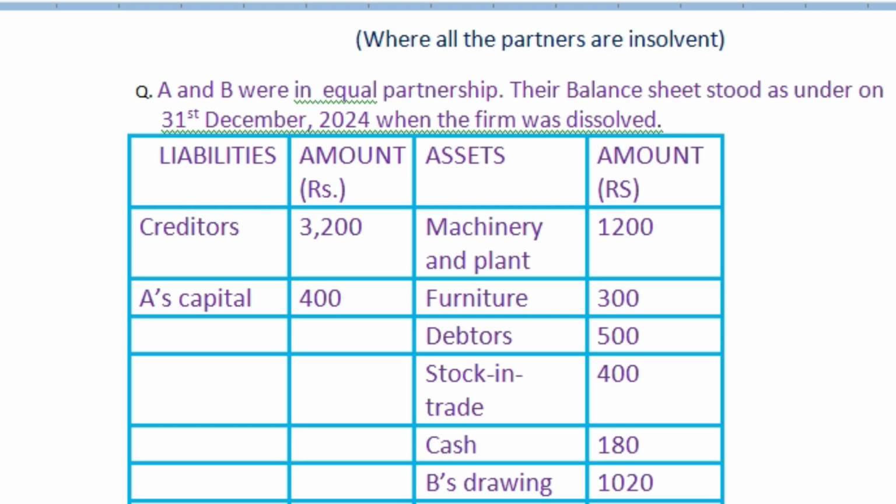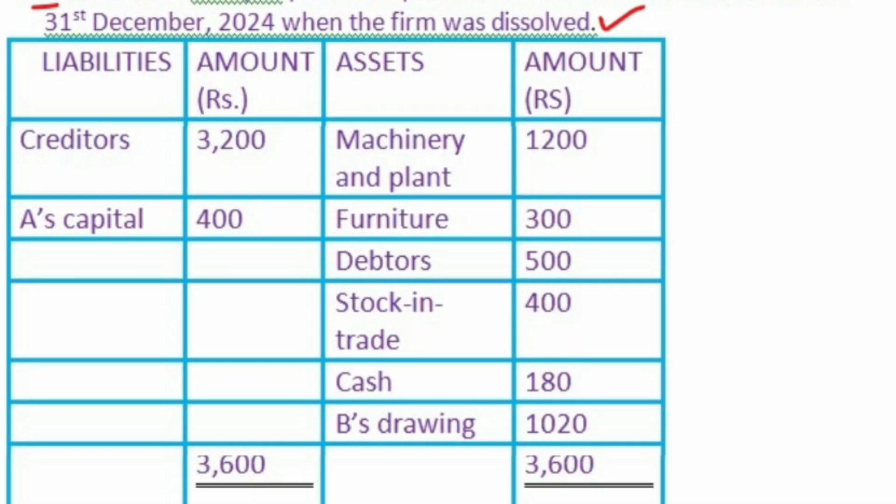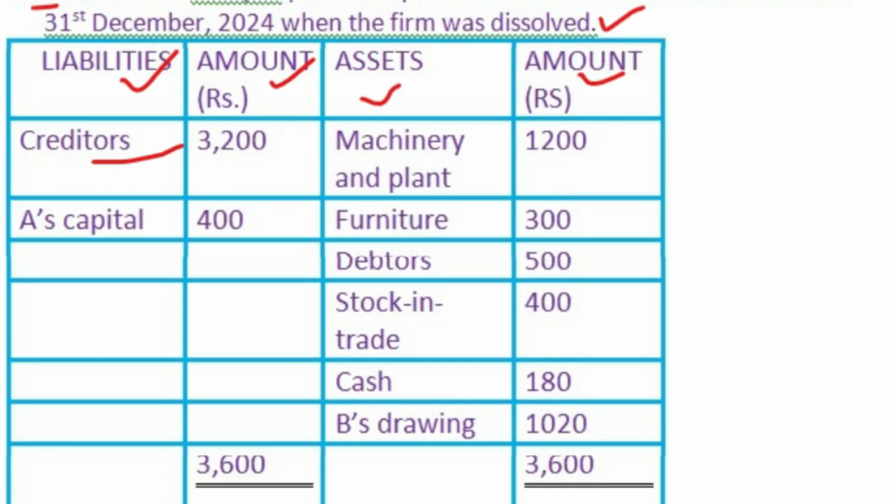A and B were in equal partnership. Their balance sheet stood as under on 31st December 2024 when the firm was dissolved. On the liabilities side: creditors 3,200 and A's capital only 400 rupees.